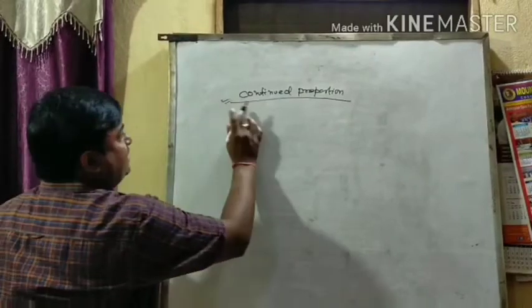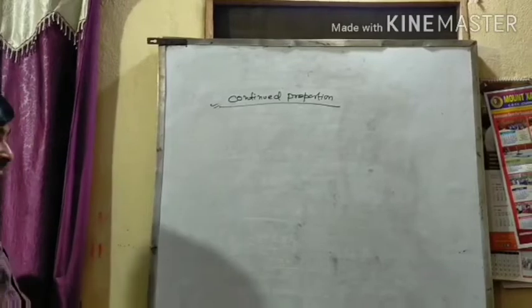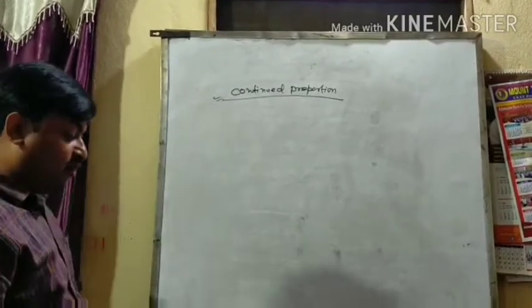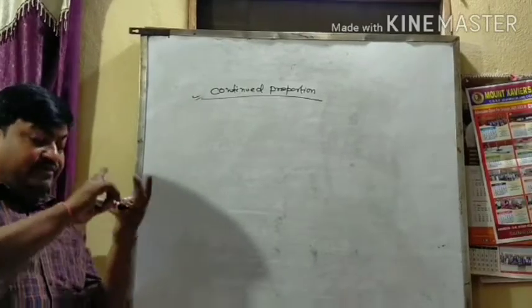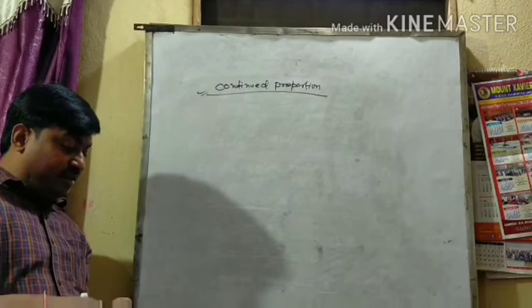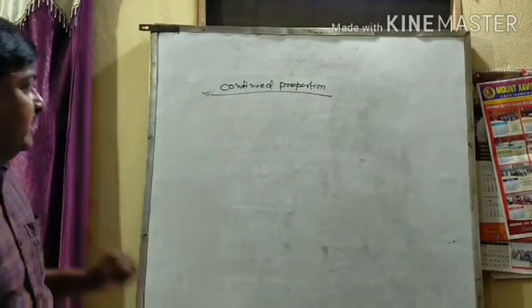Student, our next topic is continued proportion. Continued proportion means three quantities are said to be in continued proportion if the ratio between the first and second quantity is equal to the ratio between the second and third quantity.